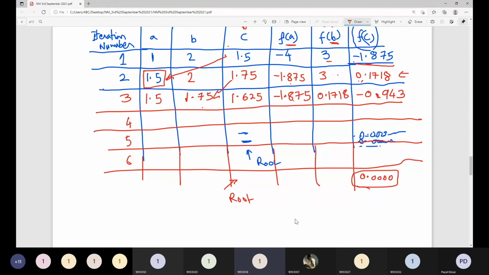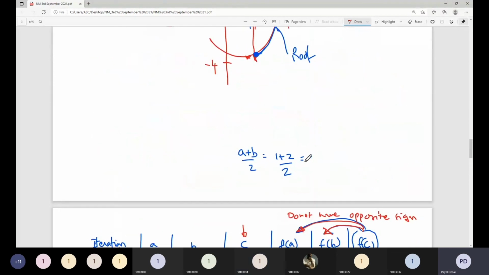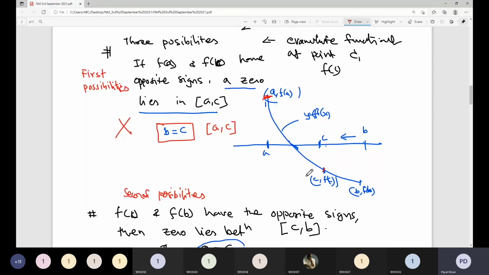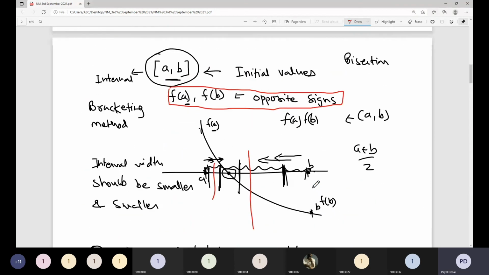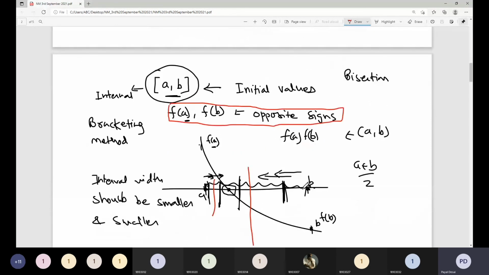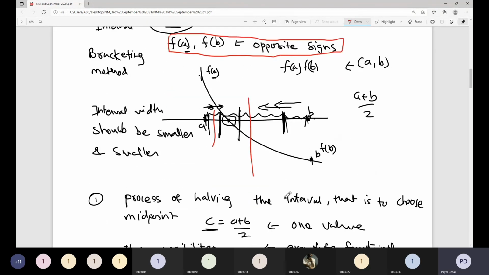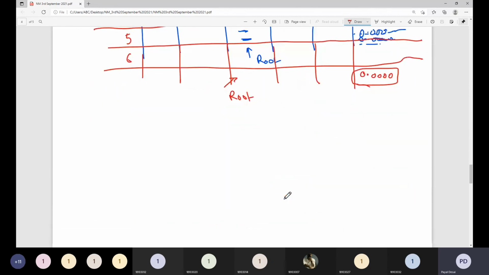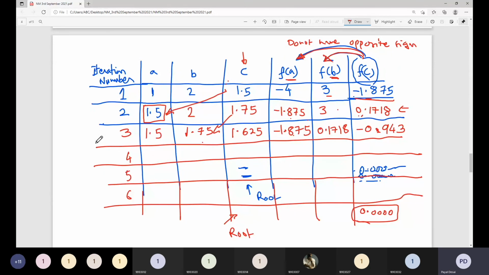If FA, FB and FC are all negative, that cannot happen, because in the beginning itself we have chosen our bracketed interval A and B to have opposite sign. Otherwise there is no possibility of finding the root; the root does not exist. This process continues as long as you get opposite signs of the two functions. I think we can check a couple more examples that I will give you in the assignment. That time also you check that in the beginning FA and FB should have opposite sign. If not, we can't proceed further.